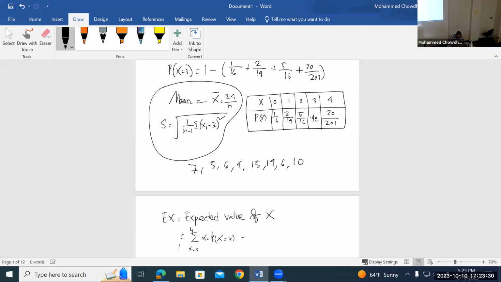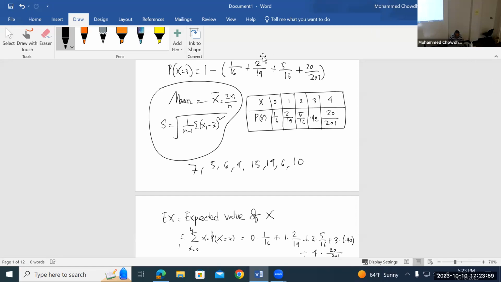So now if you plug in X equal to 0 times 1 over 16, plus X equal to 1 times 2 over 19, plus X equal to 2 times 5 over 16, plus 3 times 0.42, then plus 4 times 20 over 201.